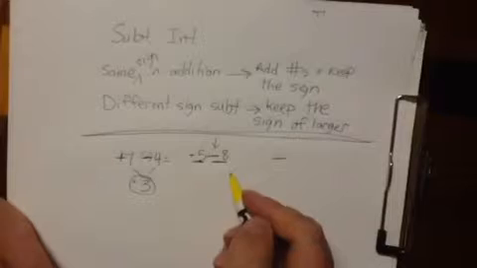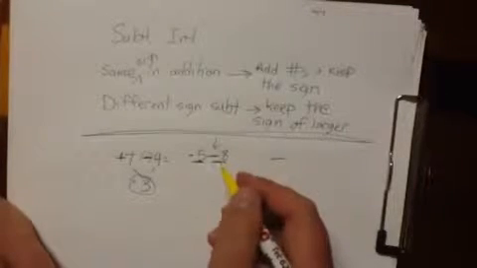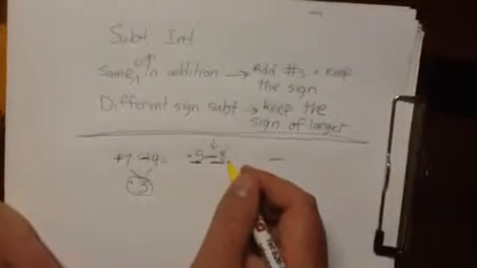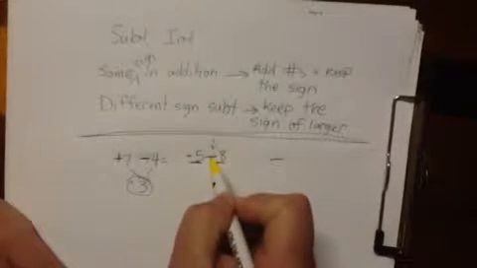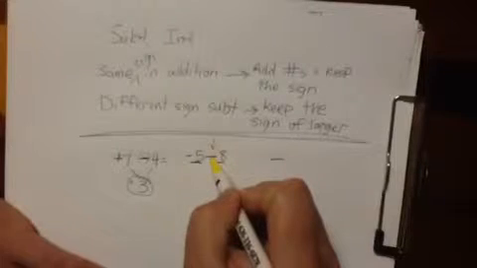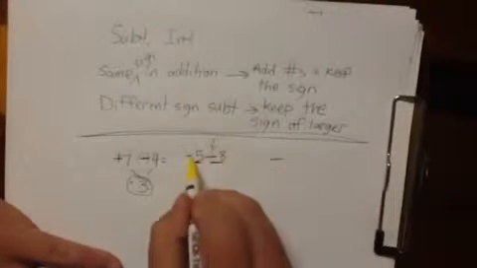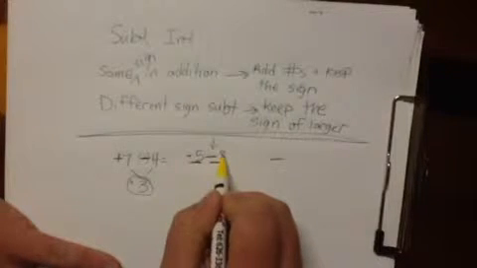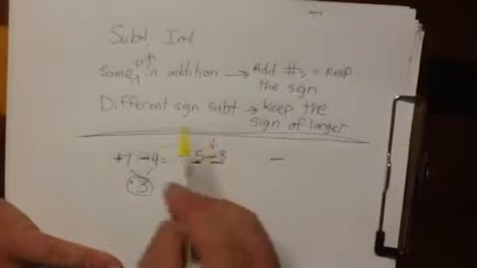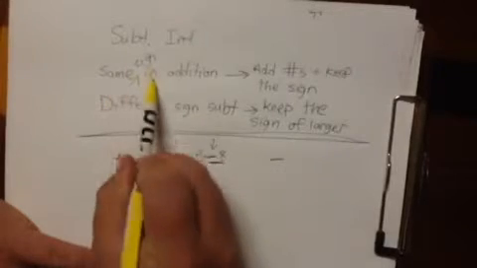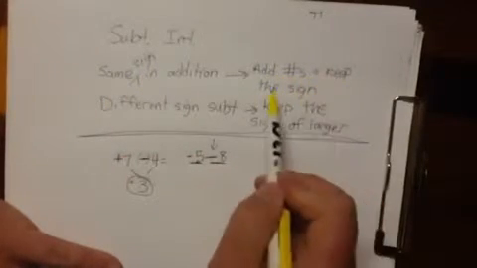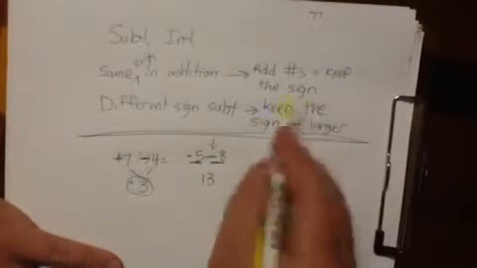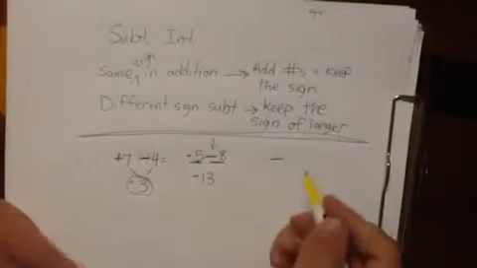Some people say, well, that's not a negative sign, that's a subtraction sign. Guys, negative and subtraction are the same thing. Minus and a negative are the same thing. So then you have negative 5 minus 8. Really, these are same signs. Therefore, you add the numbers and get 13 and keep the sign, which is negative.